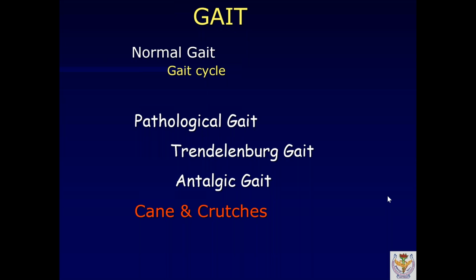Regarding the question of the antalgic gait, it is not that the pressure will be more. It appears as if the pressure may be more, but because the body weight lever arm is less, if you look at the seesaw biomechanics, the product of the body weight lever arm and the body weight is less.